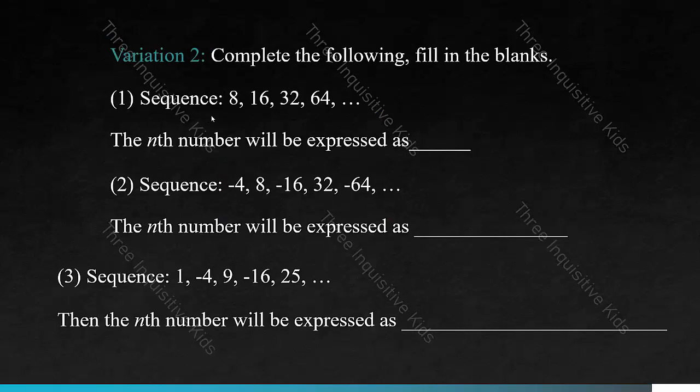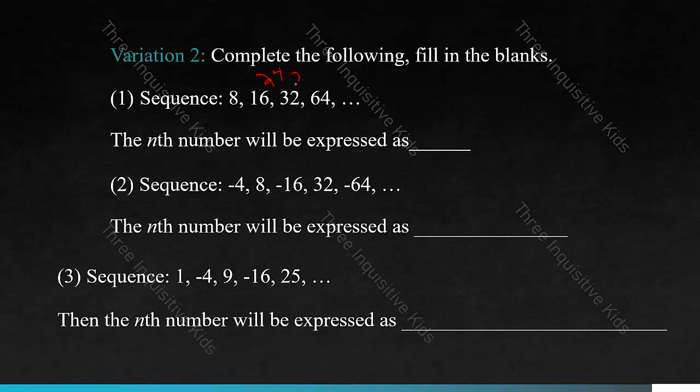Here we have a sequence: 8, 16, 32, and 64, and so on. The nth number will be expressed as blank. So how would you write this in mathematical terms, in terms of n? You can see that the first number is 8. So that's 2 to the 3rd power. The second number is 2 to the 4th power.